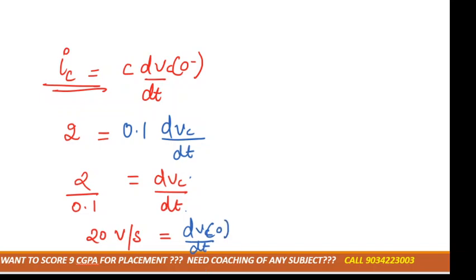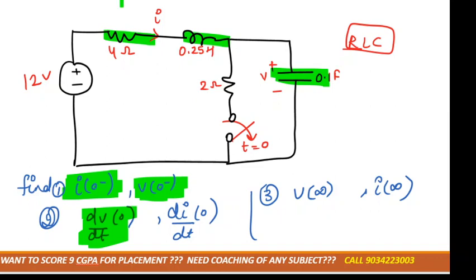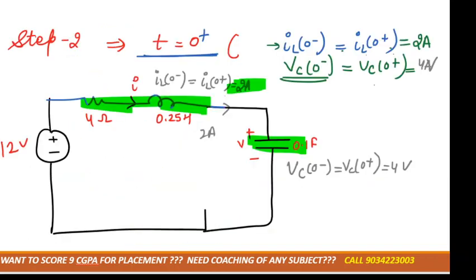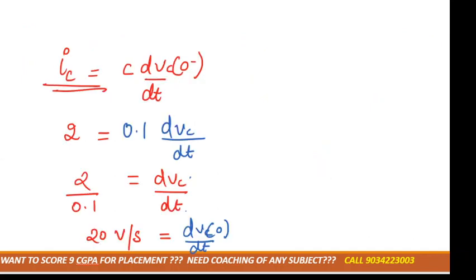Now what we need to calculate is di by dt, right? So tell me, how can we calculate di by dt? What is the formula? Voltage across inductor. Tell me, what is the formula for the voltage across an inductor?